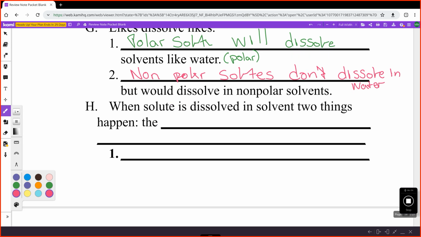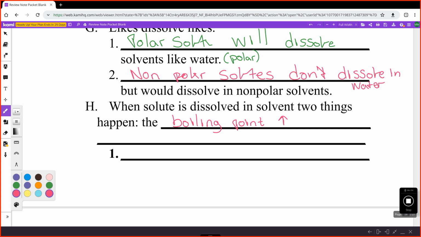When the solute is dissolved in the solvent, two things happen. So this is an effect of dissolving stuff in stuff. Okay? The boiling point goes up. Oh, we're getting slower here. The boiling point goes up.